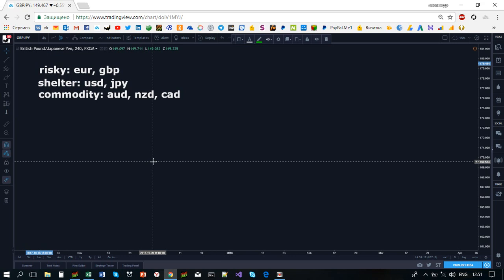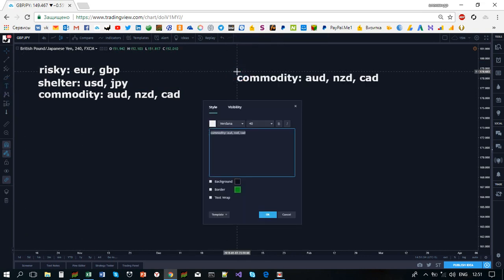Okay, what I mean now. Let's combine these currencies and compile some pairs. So what if we talk about Euro Dollar, what will this pair be? This is actually the base currency that belongs to risky and the quoted currency that belongs to shelter. So that's why we have a class of pairs called risky shelter pairs.